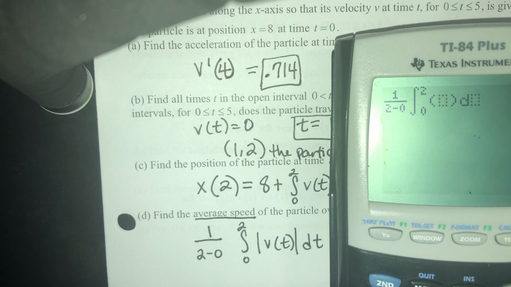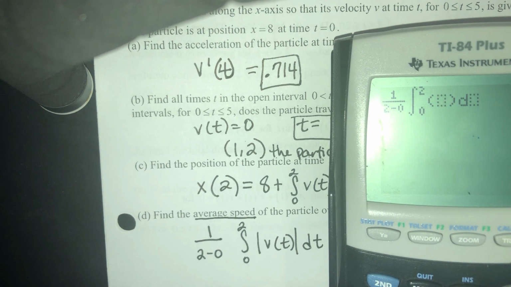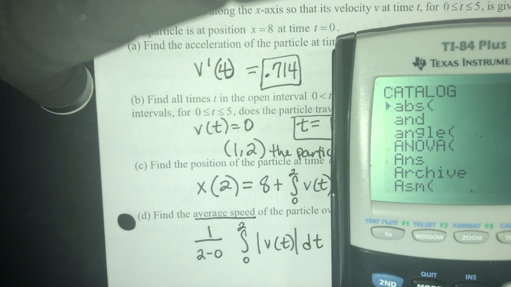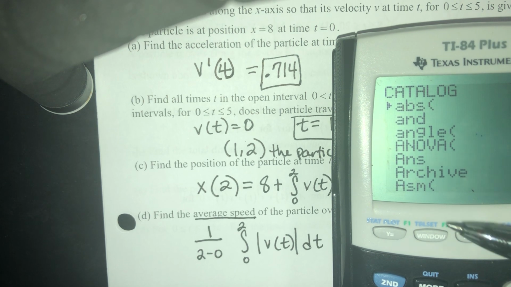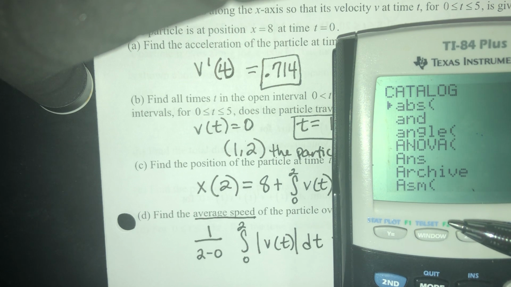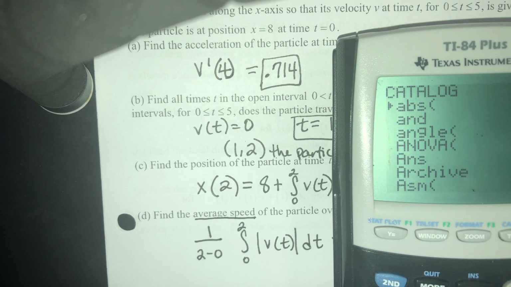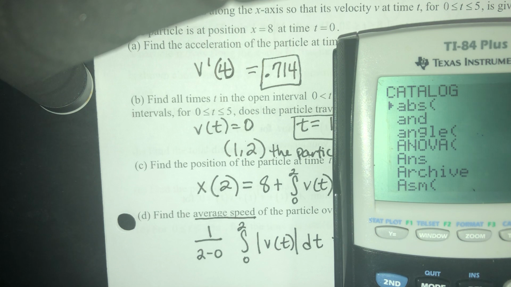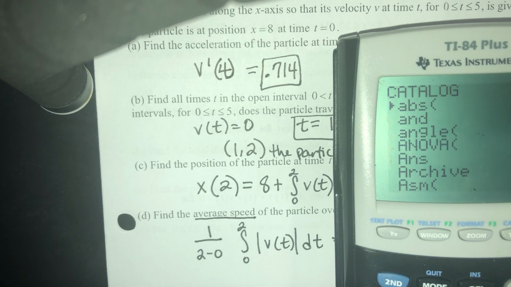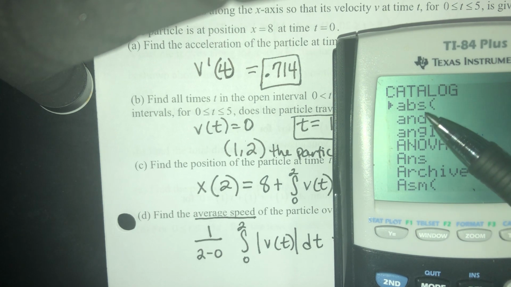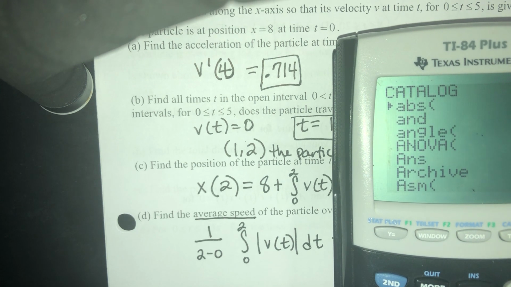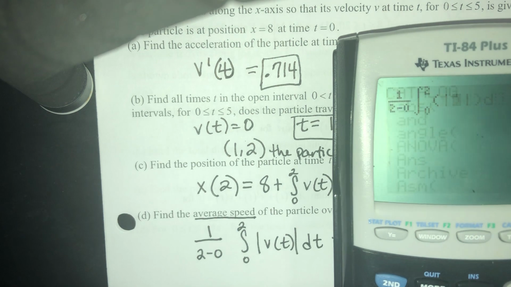I like to hit second and then the 0 button to go into the catalog menu, because the catalog menu under second 0 has every function that your calculator performs in alphabetical order, and the ones that are not alpha are at the bottom, or you can just push up and you'll get to the bottom. So if you ever lose something in your calculator, this is a good way to find it because everything's in here. And the reason I like to go here is the very first one is ABS, which stands for absolute value. So I'm just going to press enter.